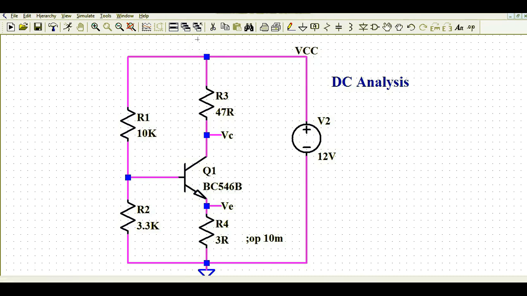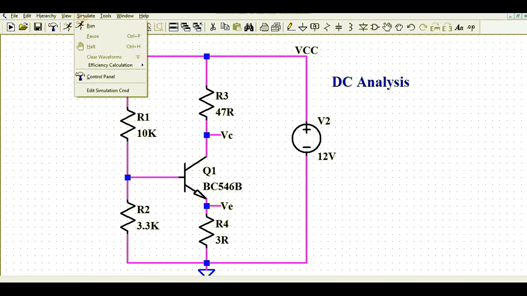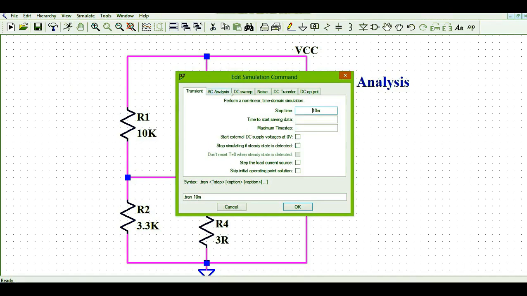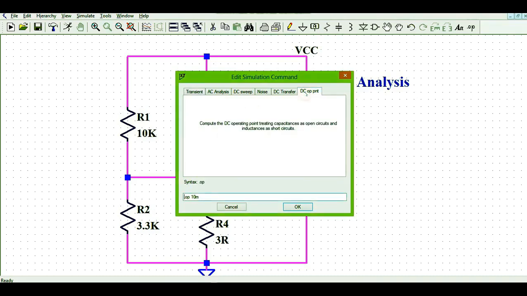Now, in order to run the DC analysis, you have to go to the simulate button. Once you click on the simulate button, you have to go to edit simulation command. Once you click on it, you can see multiple options, and now you have to go to the DC operating point analysis.